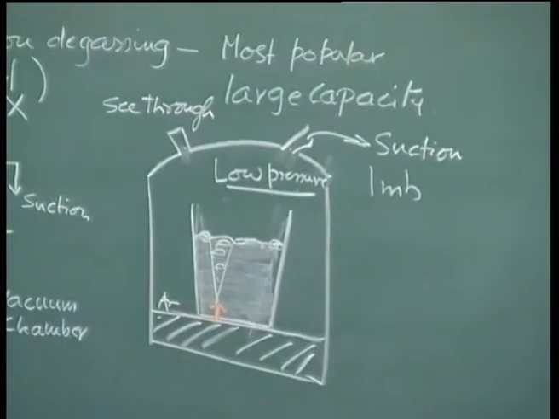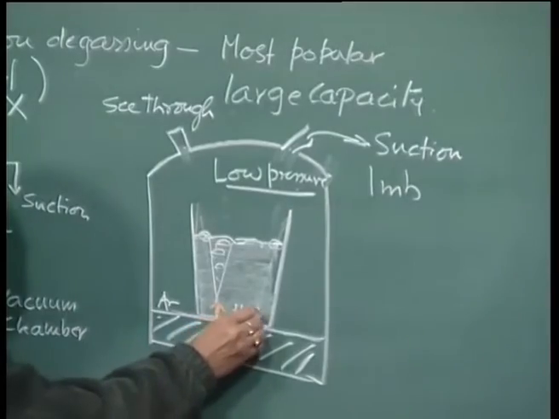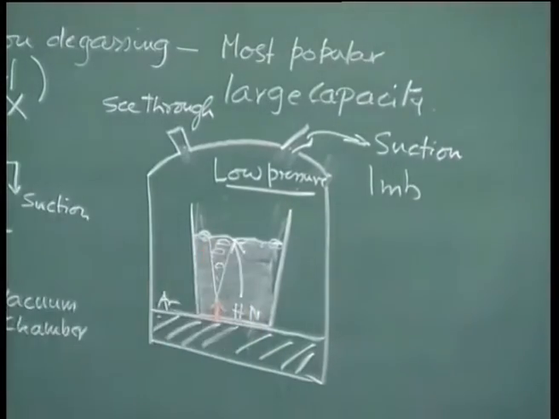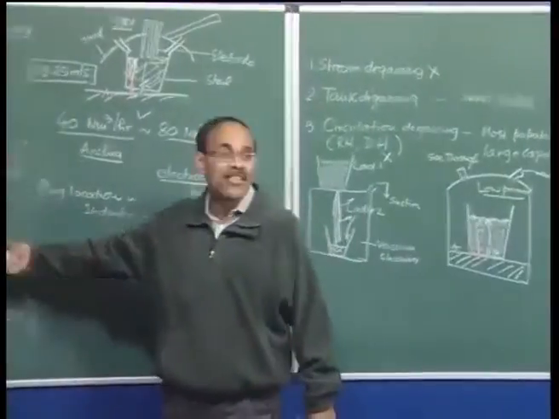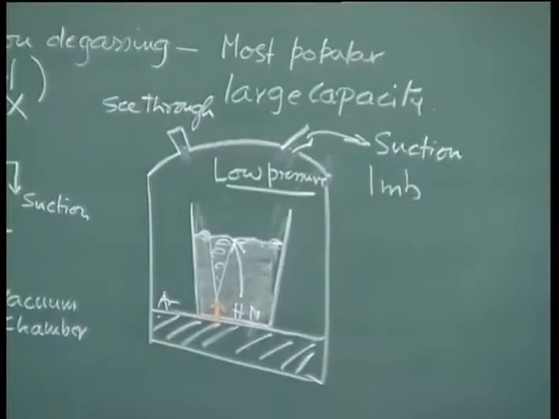Also, we must understand that the hydrogen or nitrogen which is sitting here has to move to the free surface, and then only can the interfacial chemical reactions take place at the gas or ambient metal interface.